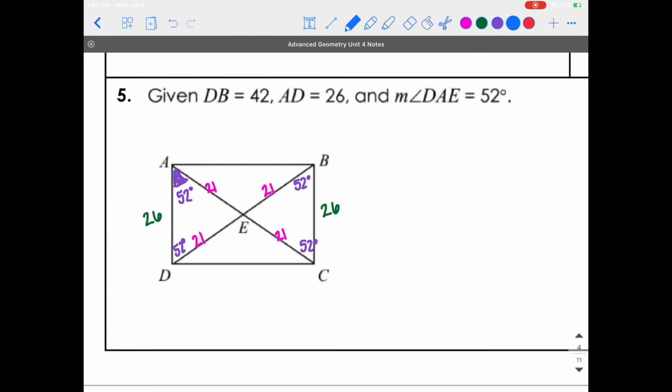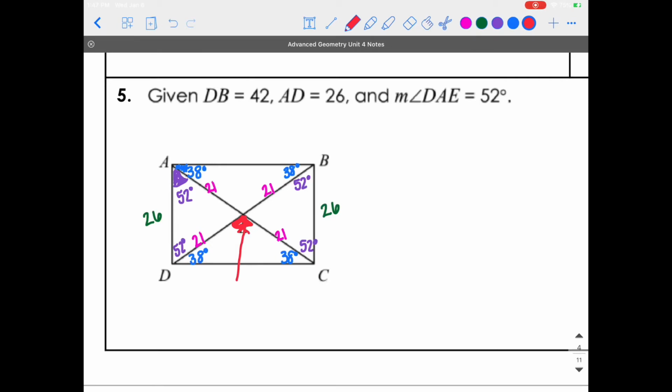So this angle that I'm marking right now has to be 38, because 52 and 38 make 90, which means that all of these are also 38. And I can take a good guess and say I'm probably going to have to find this angle here. It's possible I may be doing extra work.